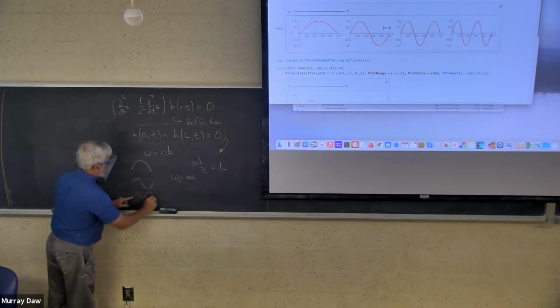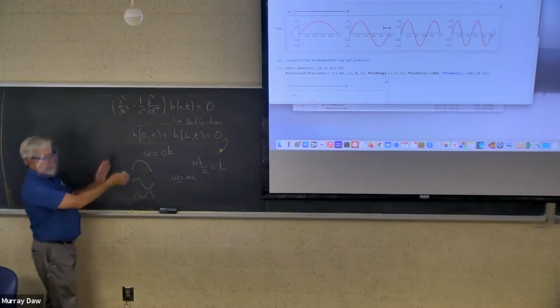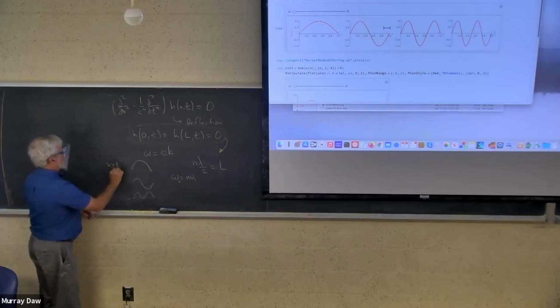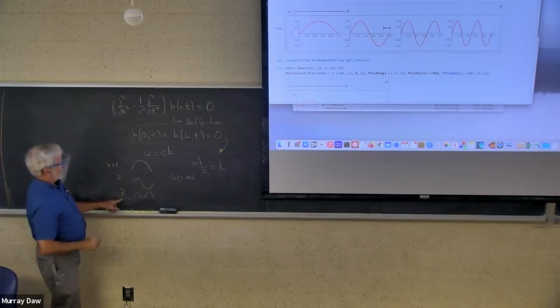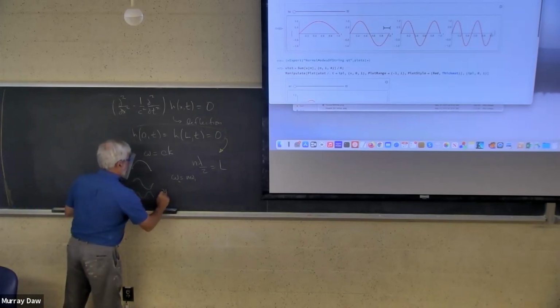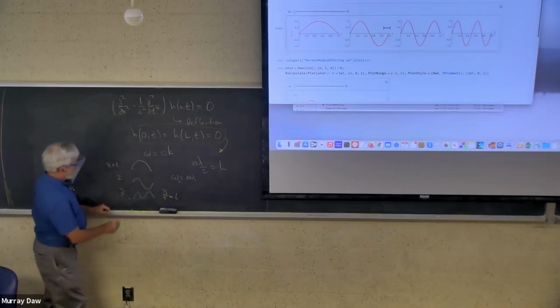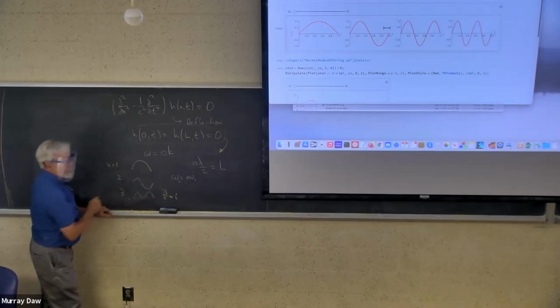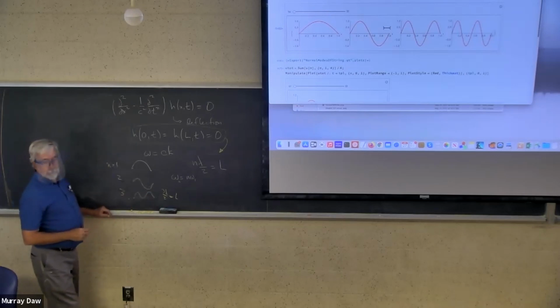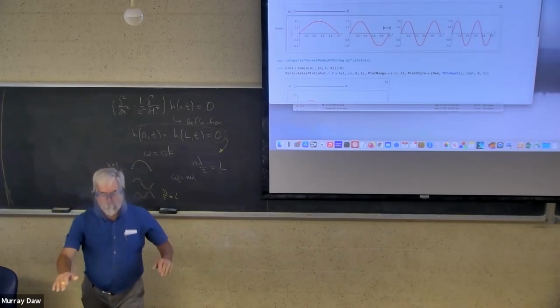Now this is 3 half wavelengths, all equal to L. 1, 2, 3 halves. 3 lambda over 2 is equal to L. Here's 1 half, here's another half, making the whole wavelength, but there's another half.